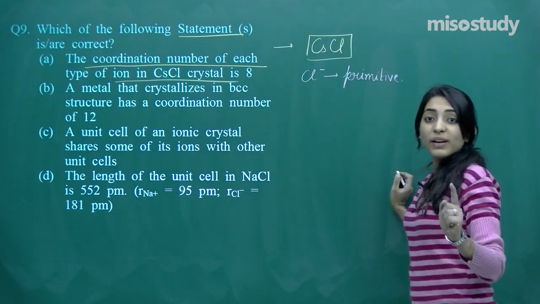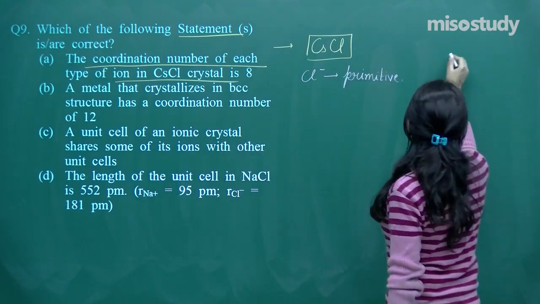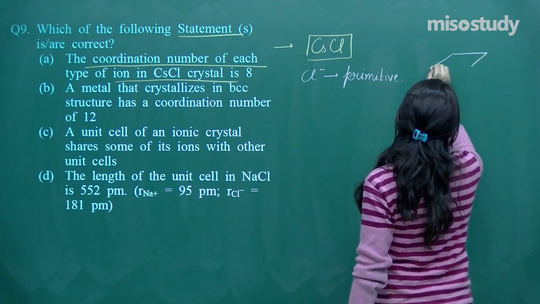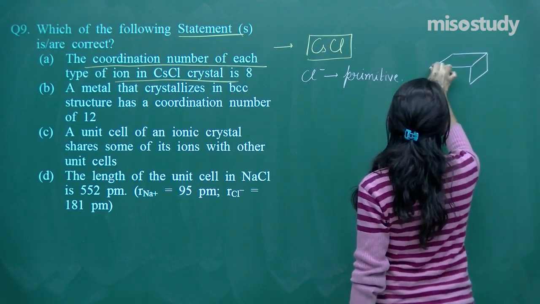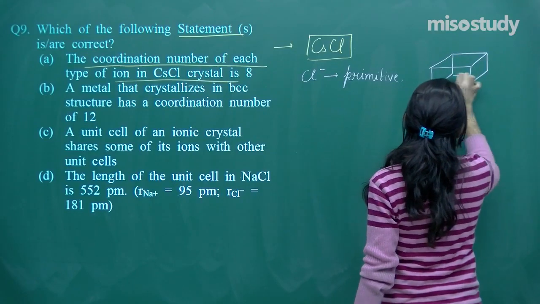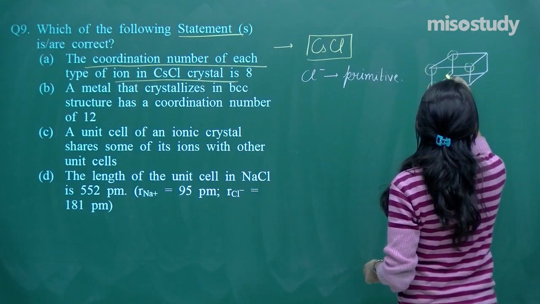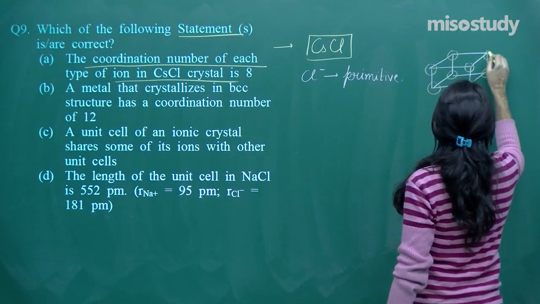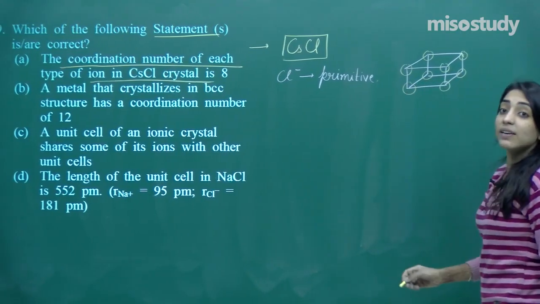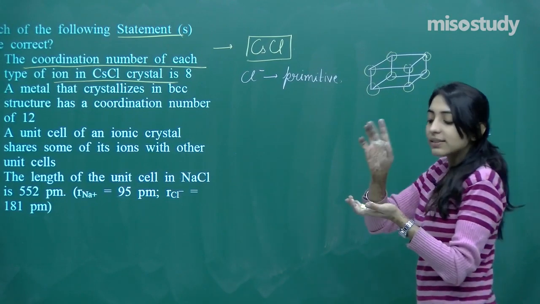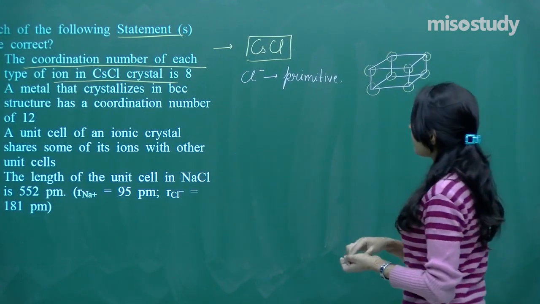A primitive unit cell means the atoms are present only and only at the corners. So when atoms are present only at the corners, this atom is in direct touch with 8 chloride ions. How? See, listen to me very carefully.